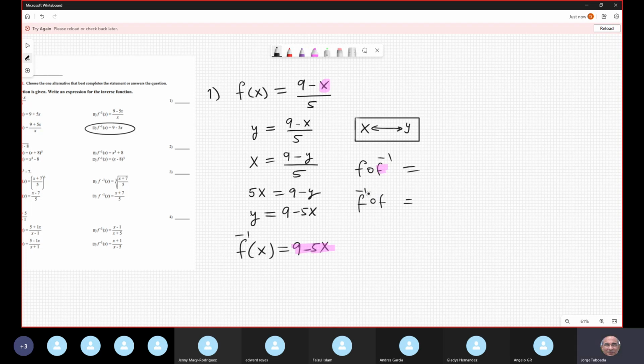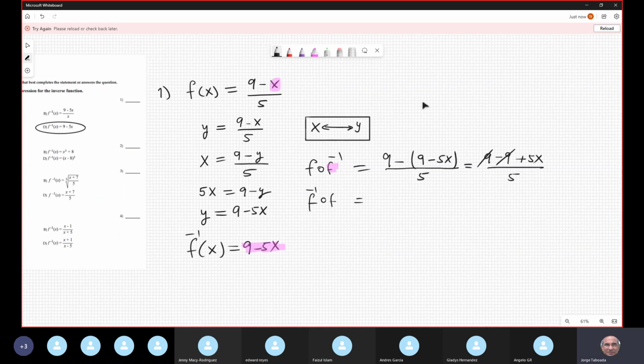So we have 9 minus, no x anymore, I replace by 9 minus 5x divided by 5. Well, you remove the parentheses: 9 minus 9 plus 5x divided by 5. This cancels, 0. And 5x divided by 5 is x.